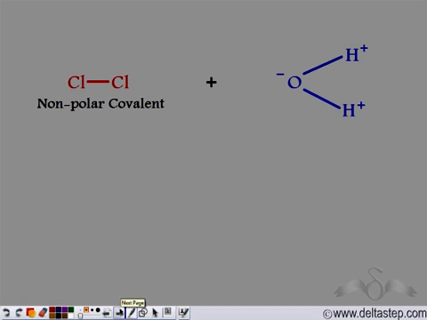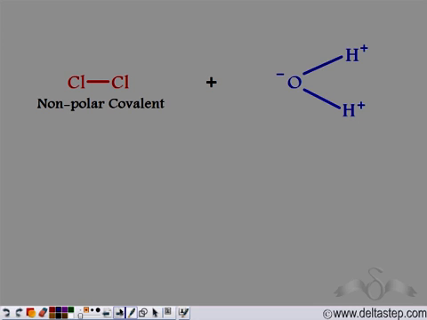Now what happens for covalent compounds? We know there are two types of covalent compounds, polar covalent compounds and non-polar covalent compounds. In non-polar covalent compounds, both the atoms are similar. So one atom cannot attract the shared pair of electrons towards itself, as both the atoms have equal electronegativity. This means there is no separation of charge.